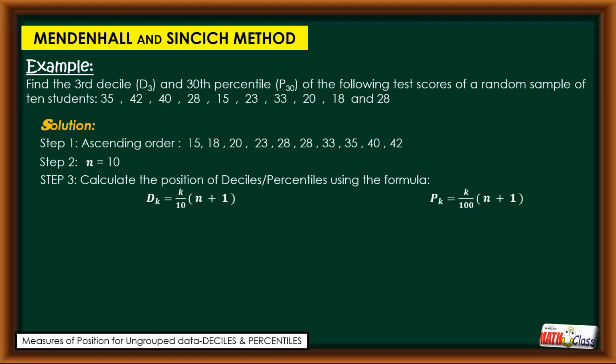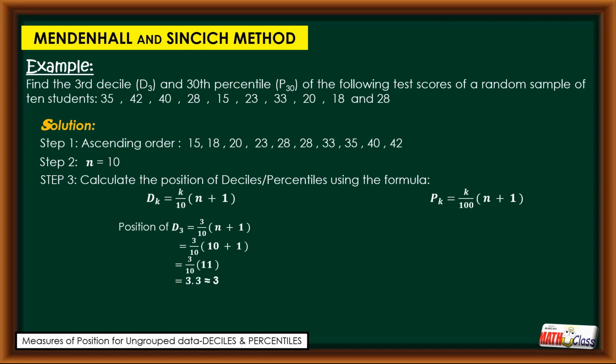Calculate the position of decile using the formula Dk is equal to k over 10 times the quantity of n plus 1, and Pk is equal to k over 100 times the quantity of n plus 1 for percentile. Since we will be looking for D3, we will substitute 3 to the variable k in the formula and 10 for n. Let us do the operation.